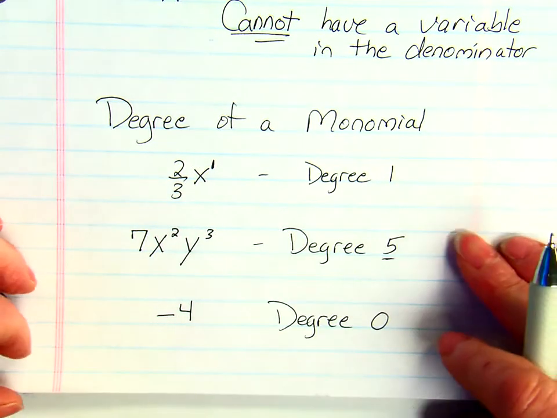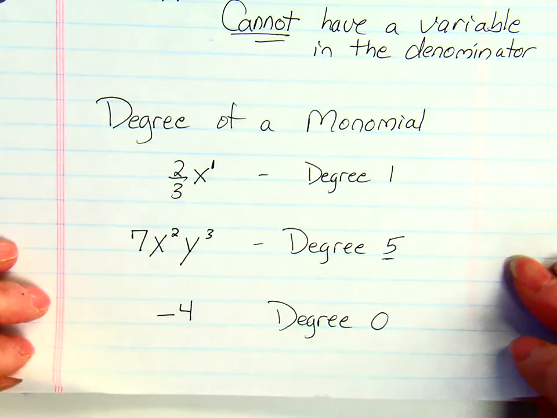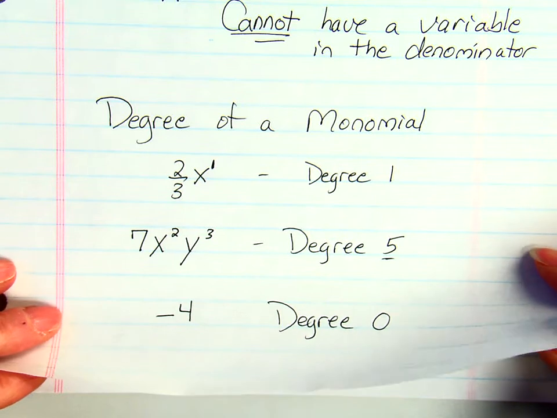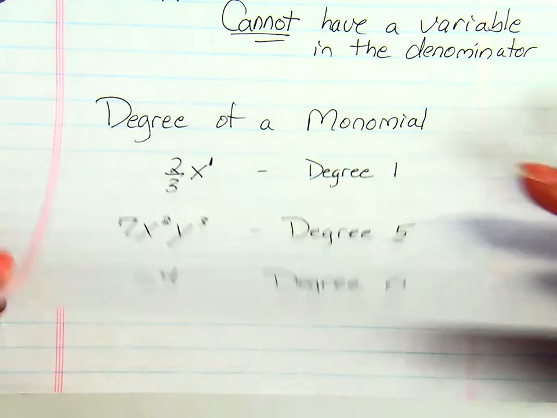So understanding that, we're going to move on now to our polynomials. First we're going to go ahead and define a polynomial. We've been talking about them a lot, so we might as well get a definition down here.